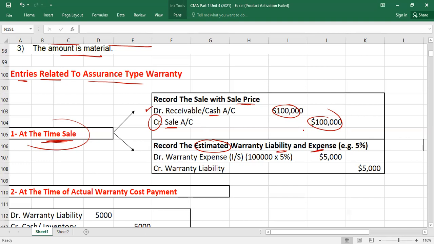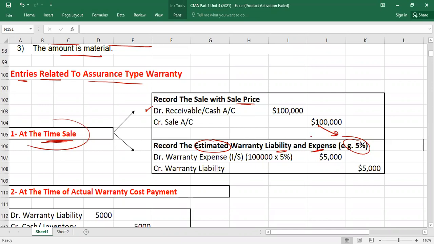For example, your past experience says that 5% of the sales value, mostly you are paying in terms of warranty. This percentage will be given, 1%, 2%, or 3%, it will be given. So I'm assuming for the sake of simplicity, it is 5% of the sales value that you have to pay as a warranty.